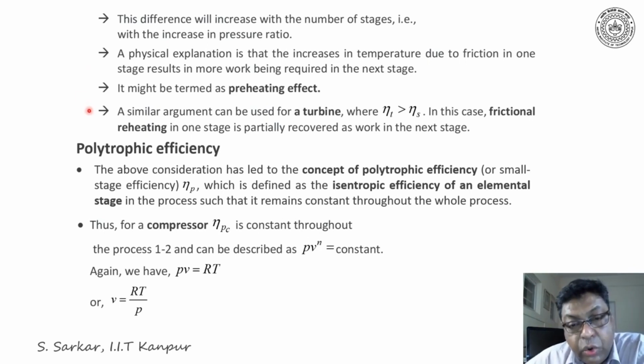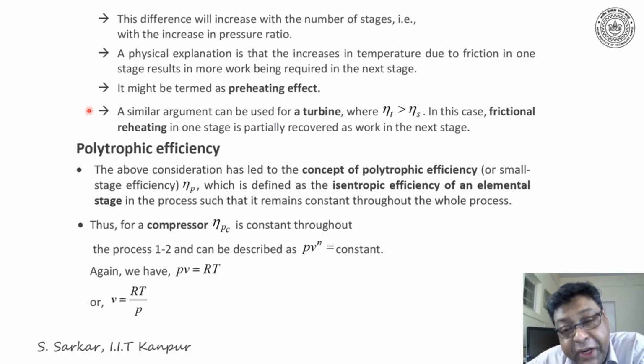A similar argument can be given for a turbine where eta T is greater than eta S, and this difference, that is difference between eta T and eta S, increases with the pressure ratio. Thus, in this case, the frictional reheating in one stage is partially recovered as work in the next stage.